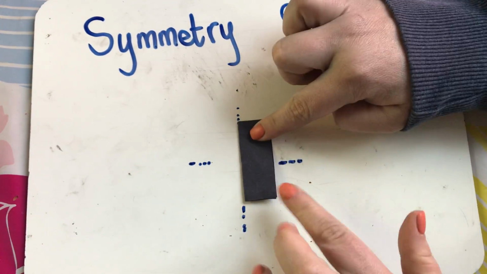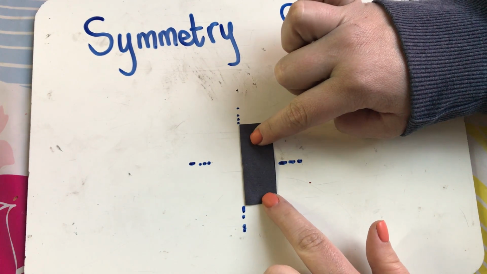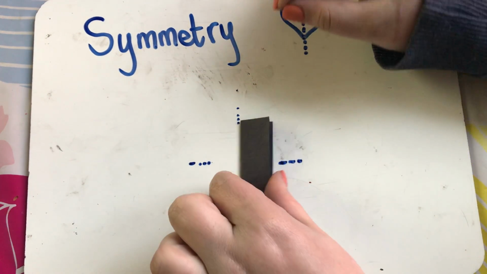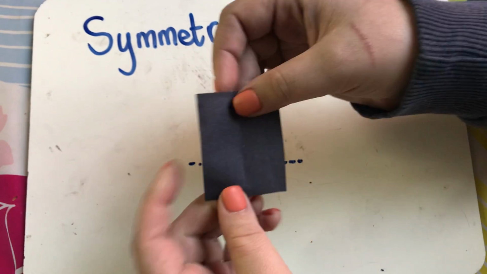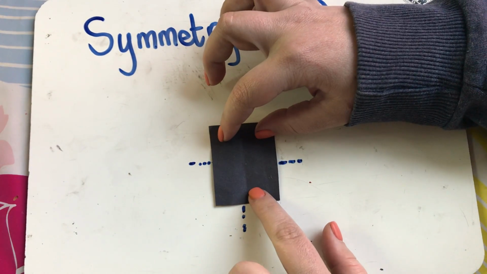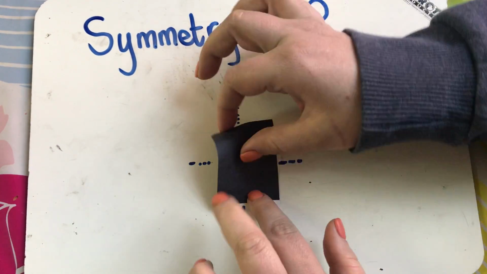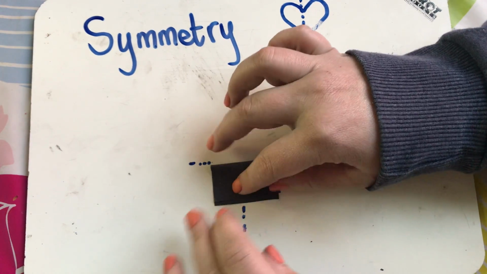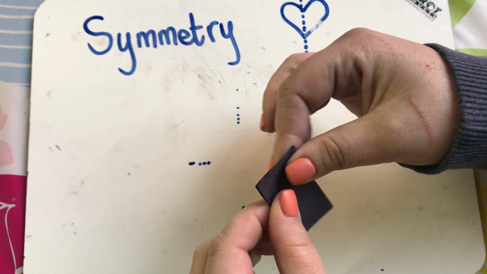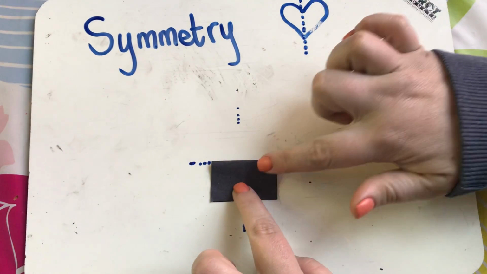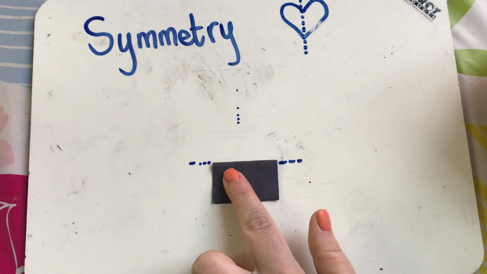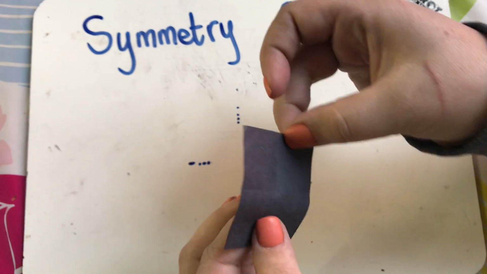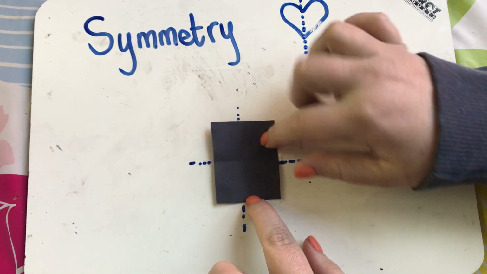I don't see the back. So that is a line of symmetry, okay? It means it can be folded in half exactly without seeing the other side. This line is also a line of symmetry because I can also fold it this way without seeing the back. Do you see that? Good. So those are both lines of symmetry.